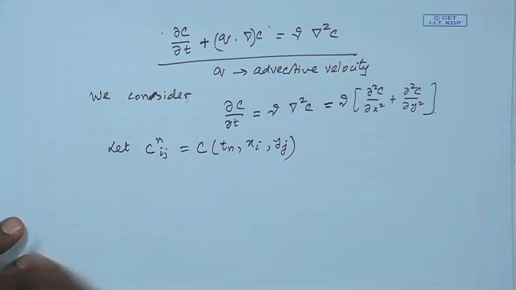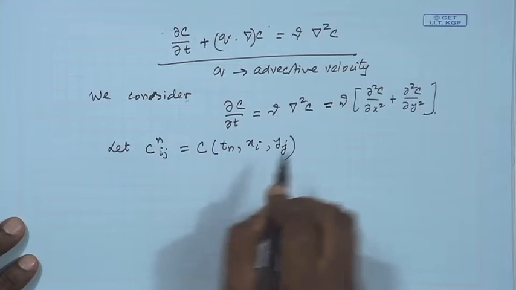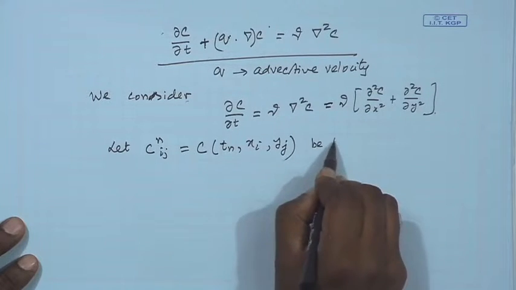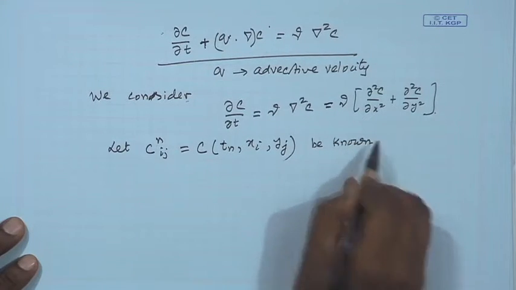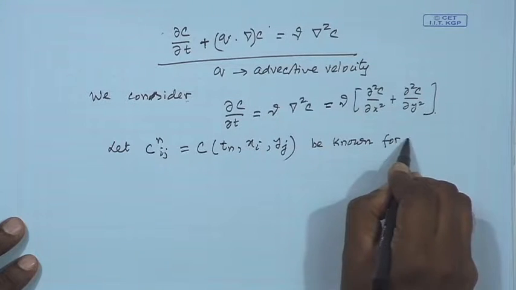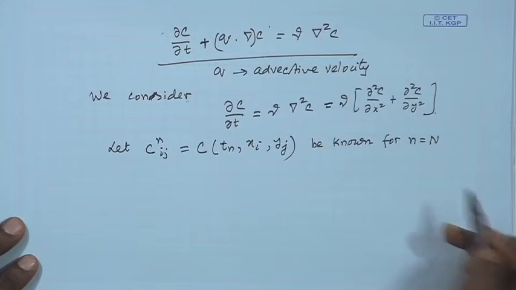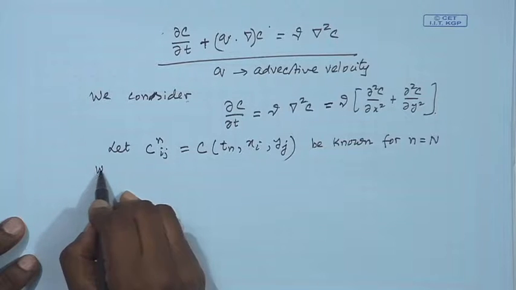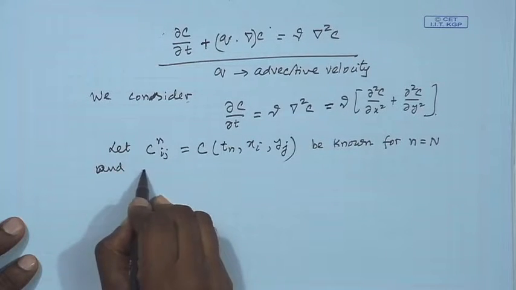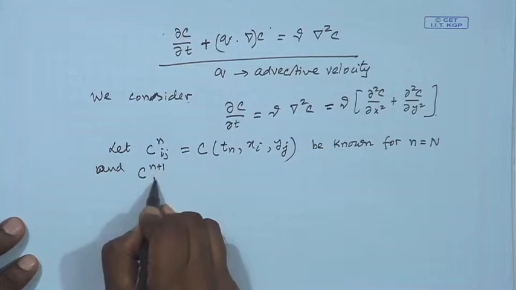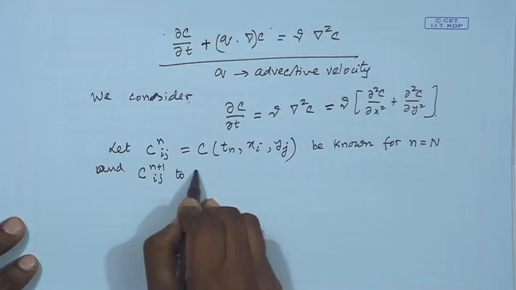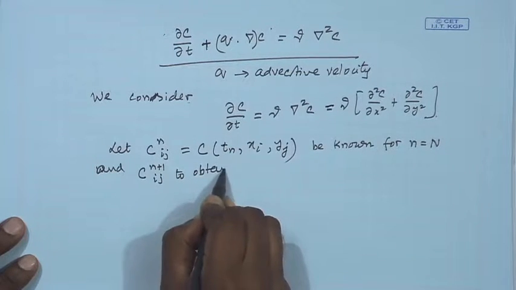So, this is the point we are considering. Let c n i j be known for some n, and c n plus 1 i j is to be obtained. This is our task.